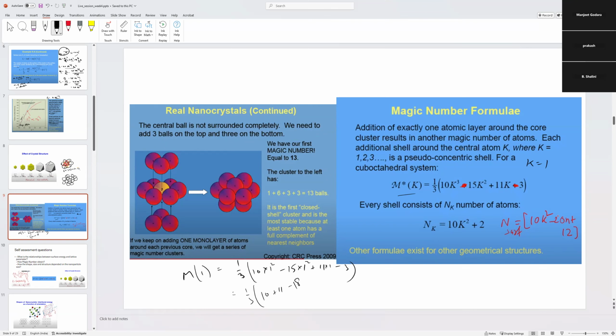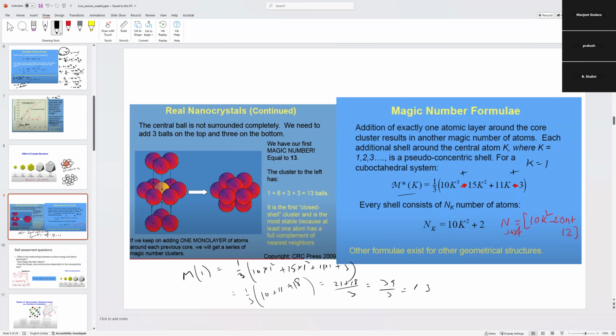This sign should have been plus. I think you correct them to positive. You take plus, you get 11 plus 10, 21 plus 18 by 3, 39 by 3, 13.